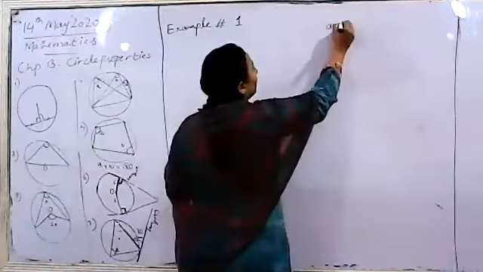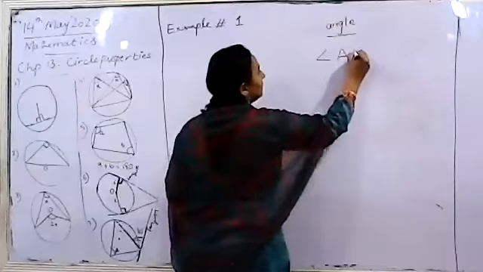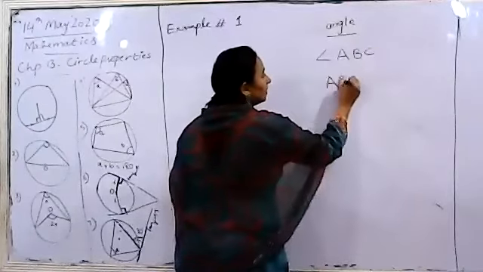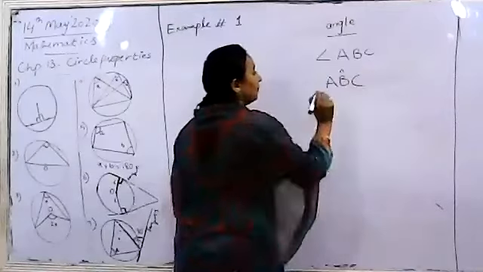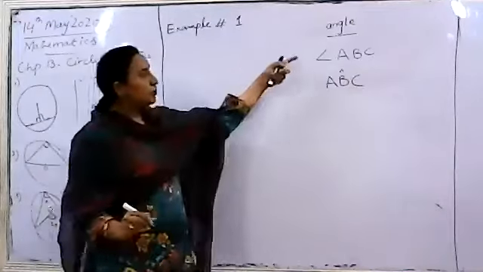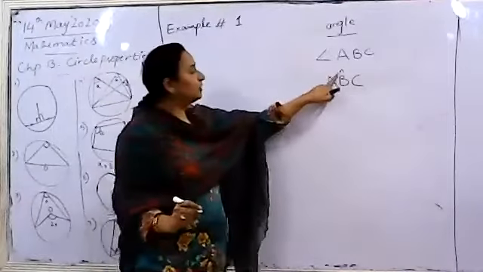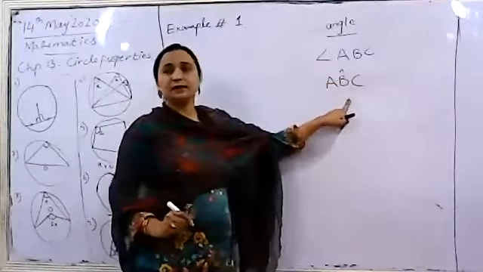Sometimes it is written as angle ABC, and sometimes it is written as ABC with a cap on B. So these two are the same thing. You can put either this sign or this sign on the center point.